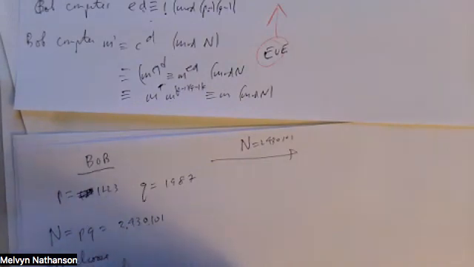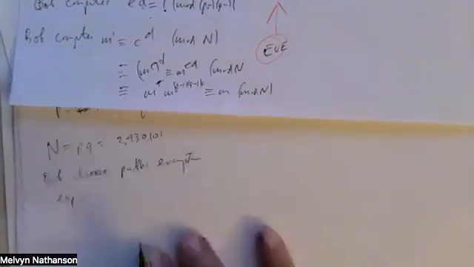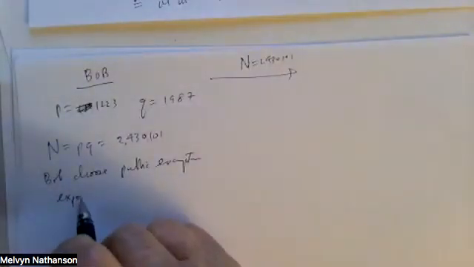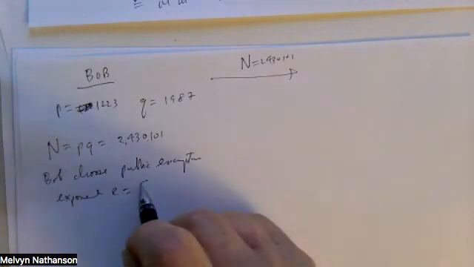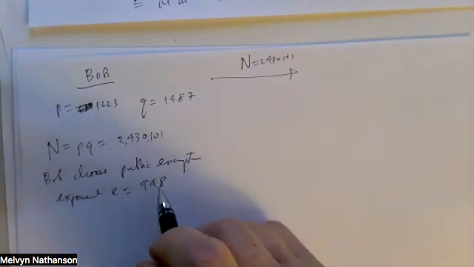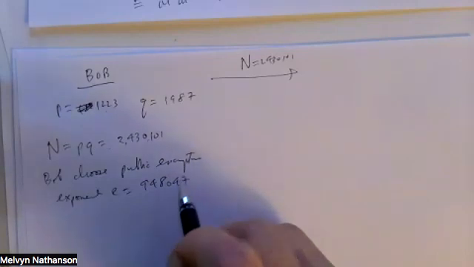Then Bob chooses the encryption exponent. This is public. Everyone's going to know it. The public encryption exponent E is equal to 948,047.